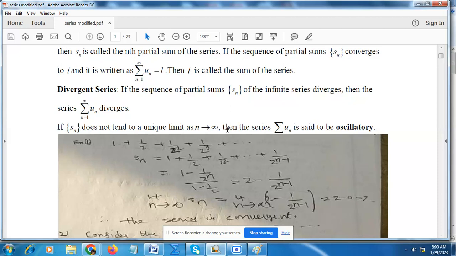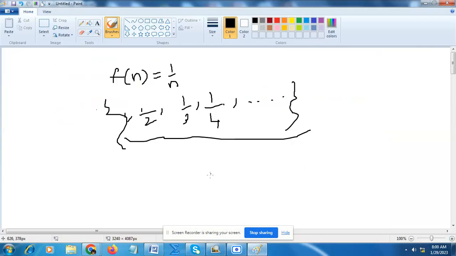Take for example, minus 1 whole power n plus 1. When you run from 1, n is 1, then what happens? 1. N is 2, that is minus 1.